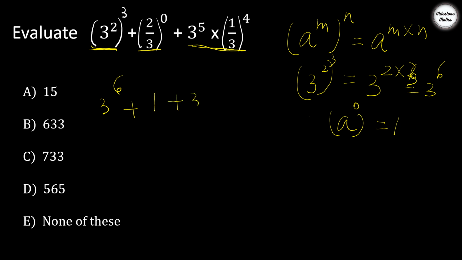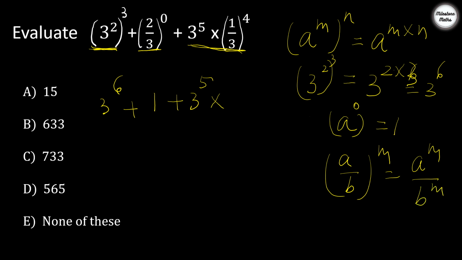Now here 3 raised to power 5, and again you can apply a law: a by b whole raised to power m is a raised to power m divided by b raised to power m. Same law you will apply. 1 by 3 whole raised to power 4 will be 1 raised to power 4, which is 1 itself, and 3 raised to power 4.